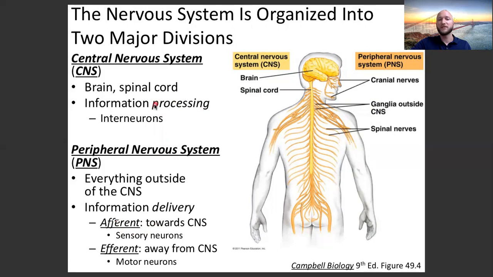It needs to process that information. It takes that information from your sensory nerves, your afferent nerves, and it decides what it wants to do with that information. Once it's decided, it uses the efferent pathways to affect that change.